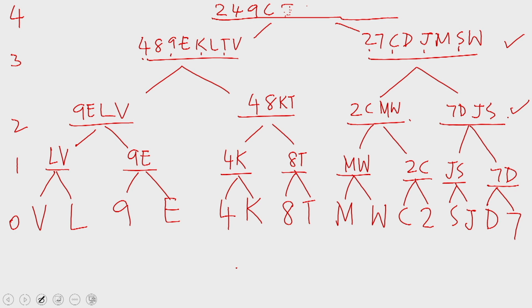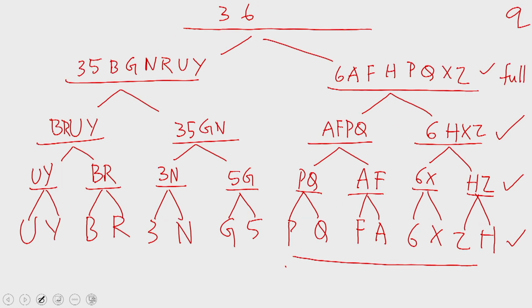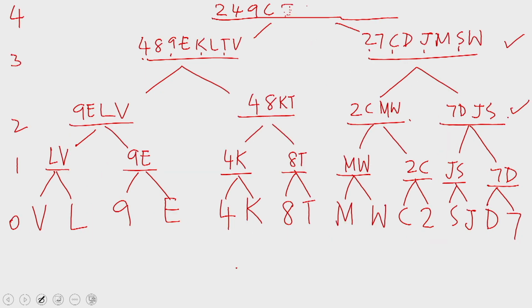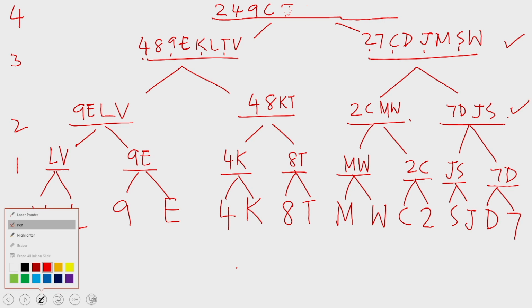At the level 4 nodes, since we have only 2 elements each, nothing will be picked as a sample, so nothing will be sent to the fifth level yet. From the level 3 node, here we will be picking 49KT and 2CJS respectively to send upwards.